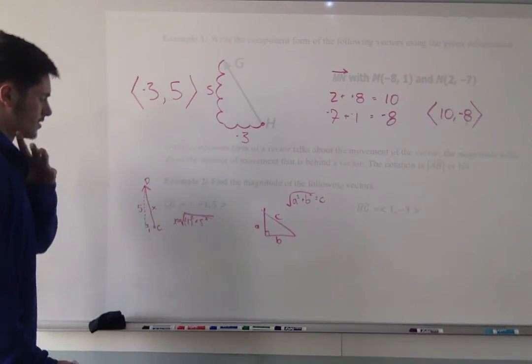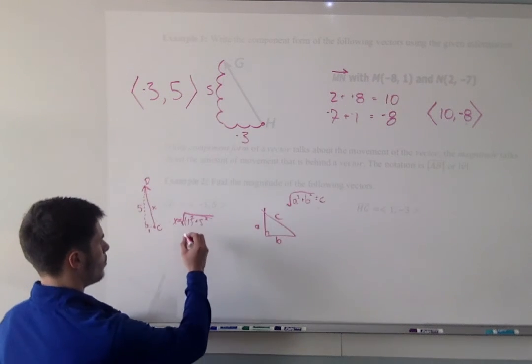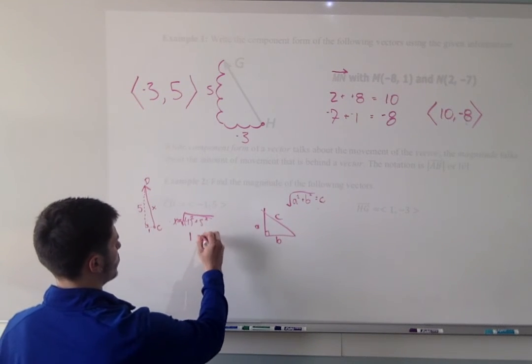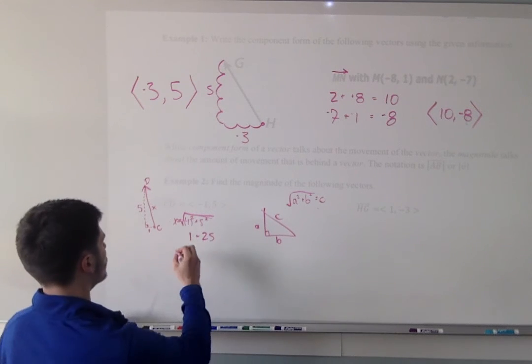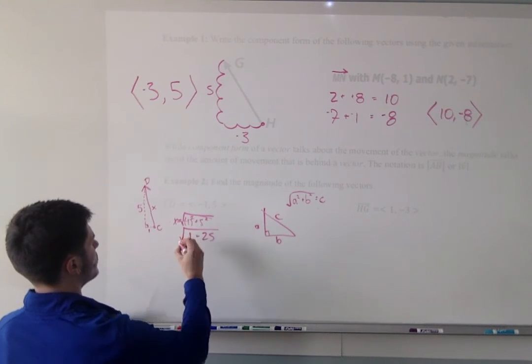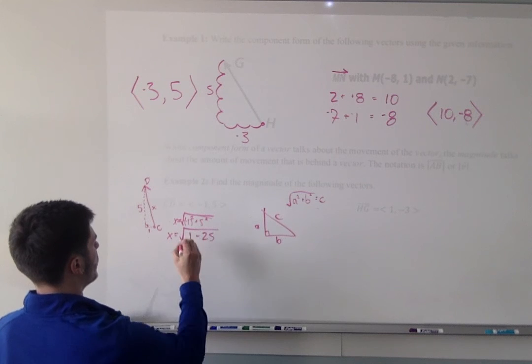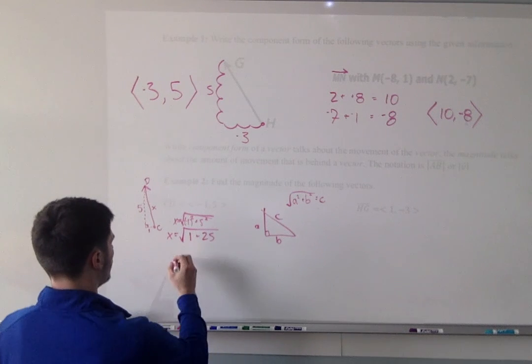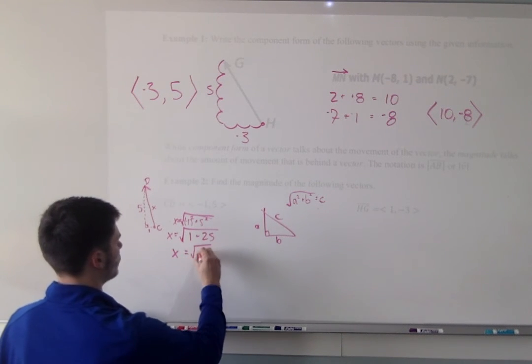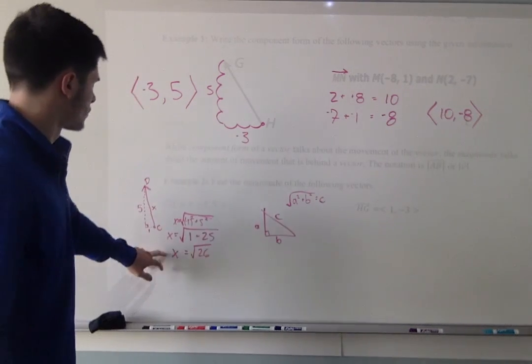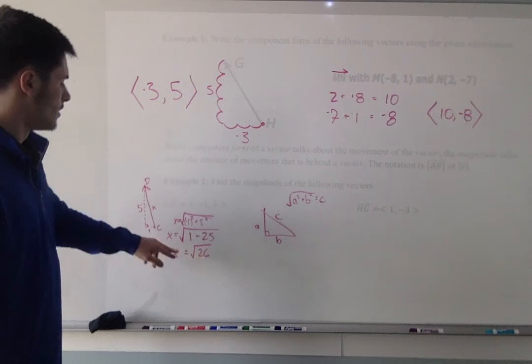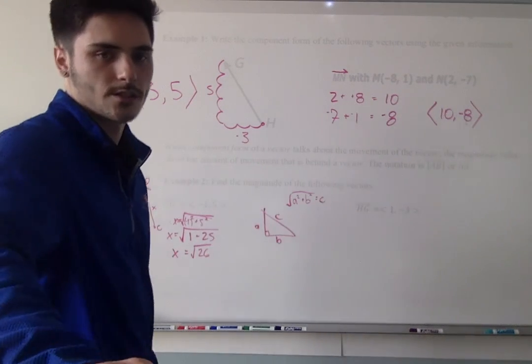So what this gives us is 1 squared is 1, 5 squared is 25, or negative 1 squared is 1, sorry, misspoke. And so if we take the square root of that, we don't end up with a pretty number, but we can leave it in the radical form, and we just get the X. So the magnitude of CD is the square root of 26.